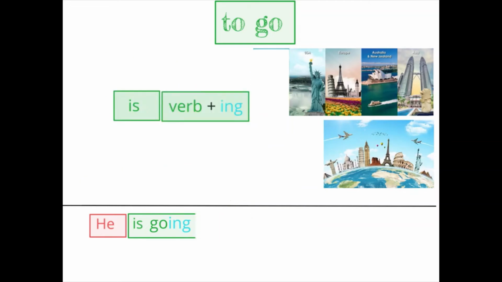Now, there is something special we can do with this verb go. We can use it to make a whole new kind of sentence. But before we do that, I want us to remember that in this type of sentence that we've been talking about, where we have the verb to be, it could be am, is, are, and then we have our verb plus ing.